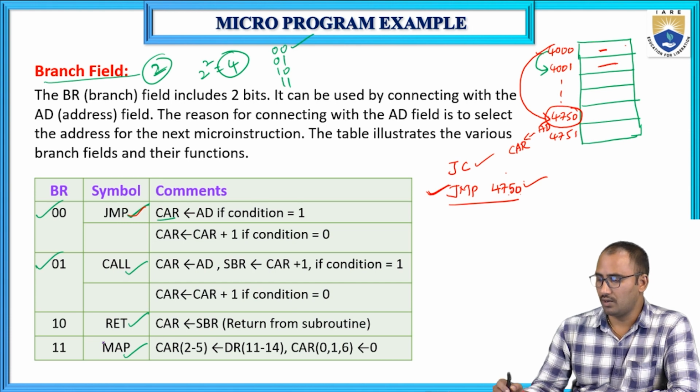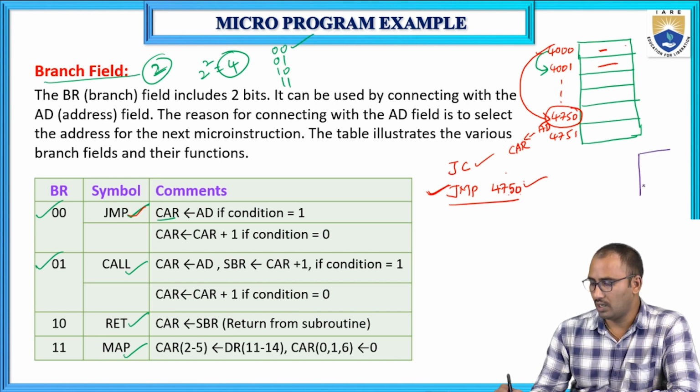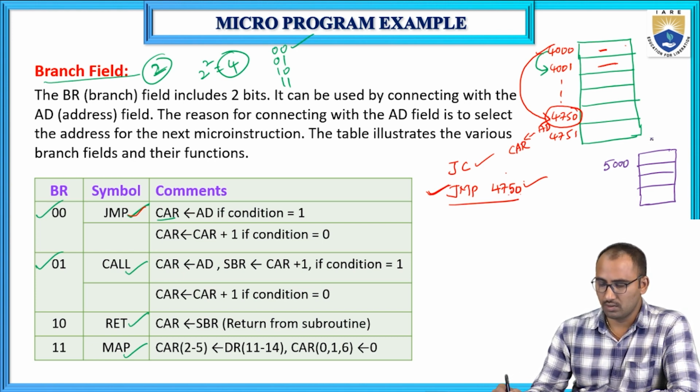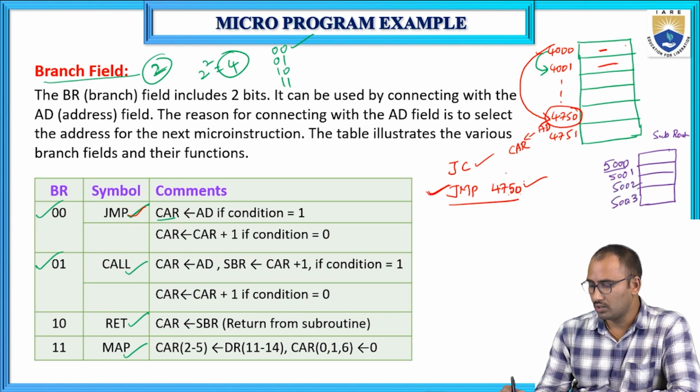Suppose you see here, you have a branch. Let us assume this is 5000. This is the subroutine. The subroutine addresses are 5000, 5001, 5002, 5003.